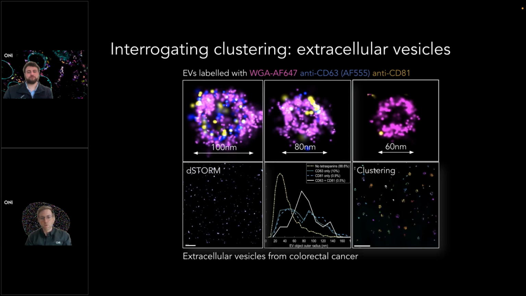And then the double positive ones that are double positive for CD63 and CD81 are a little bit more peaky with a size around 80 nanometers. And what's really interesting is that those that are positive for the tetraspanins are quite a bit larger than the EVs that don't have any tetraspanin content on them, as you see by the yellow line. So this is just a simple example of showing how some of the downstream analysis you can use to quantify your subpopulations.